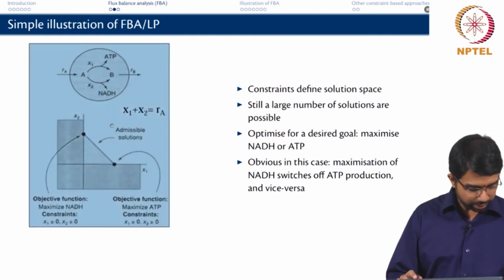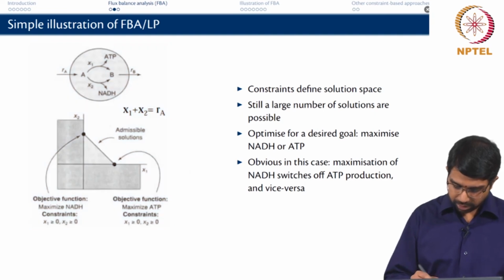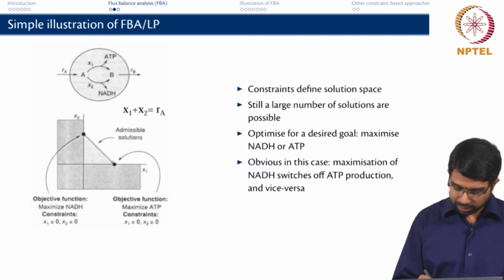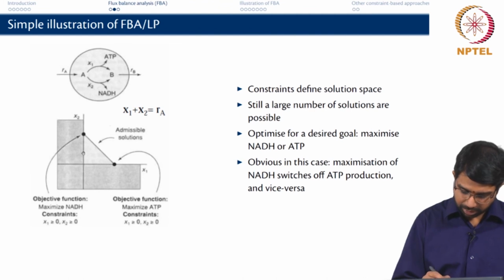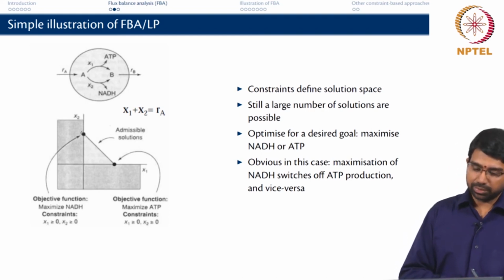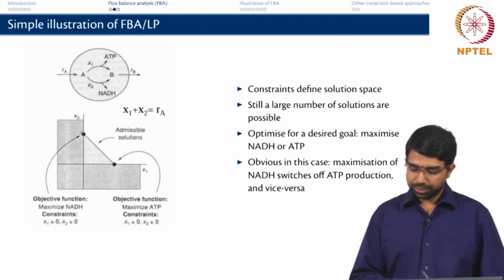So, because of that all your solutions lie on this line. Now, you can say maximize x1, which means you will get to this point x1 comma RA comma 0, or you maximize this, you will get to again RA 0 comma RA as the other point, right.